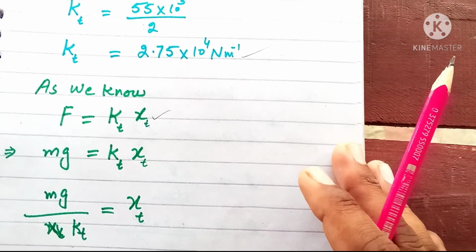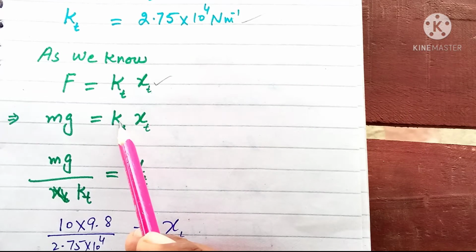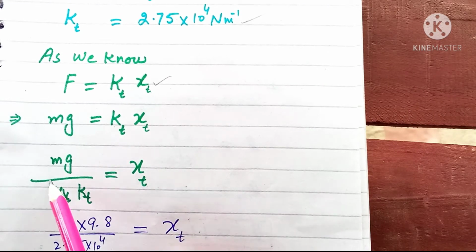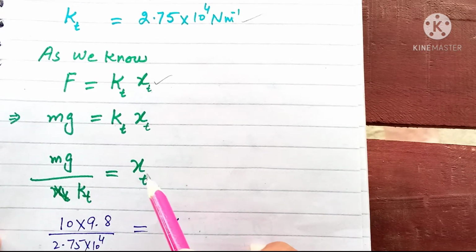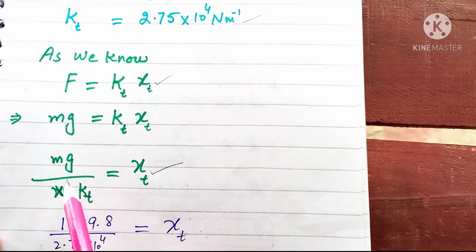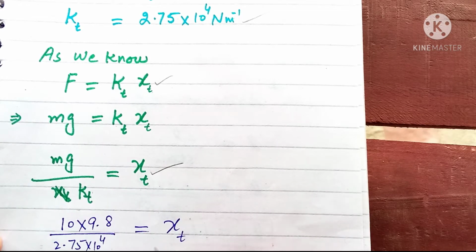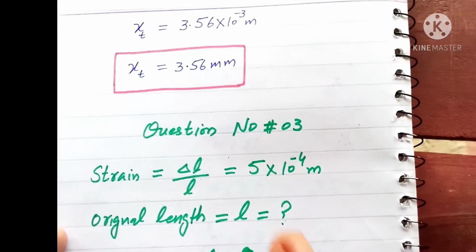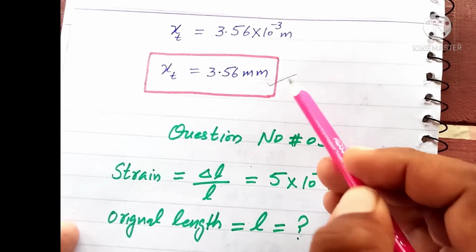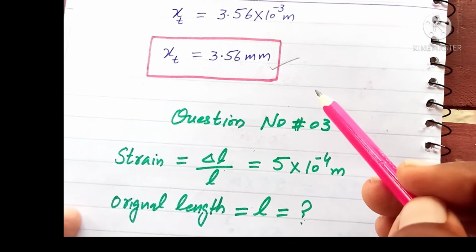So we divide by kt to the other side, so xt is equal to mg over kt. After putting in the given values, we have xt is equal to 3.56 mm.